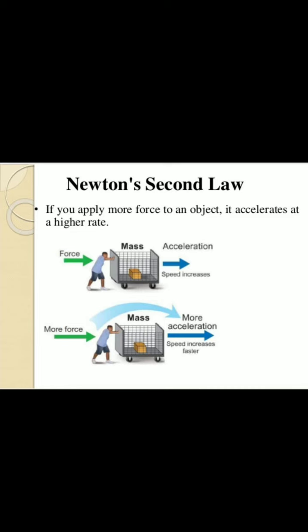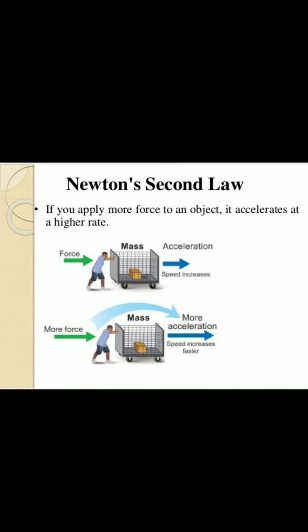And we know that whenever the velocity changes with time, that is called acceleration. So the object will be accelerated. In both cases the object will accelerate, but it depends upon the amount of force. In the first case the amount of force is less than in the second case.